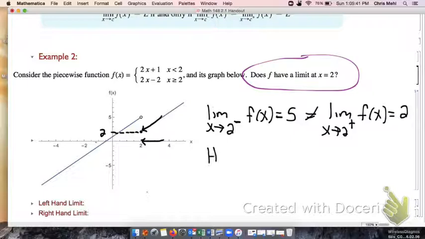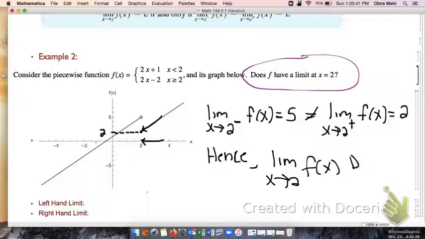Hence, if the left and right hand limits are not the same, the limit as x approaches 2 of f of x, and I'm just going to write DNE for does not exist. So the answer to the question up here is no. f does not have a limit at 2.